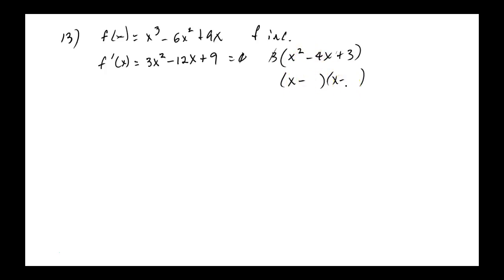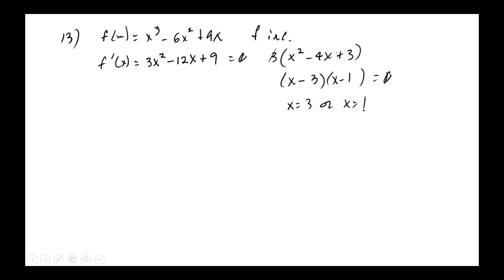The only possible factorization of 3 is 3 and 1. Foil it: x squared minus x minus 3x plus 3, which is x squared minus 4x plus 3. Yes, it works. So x equals 3 or x equals 1.